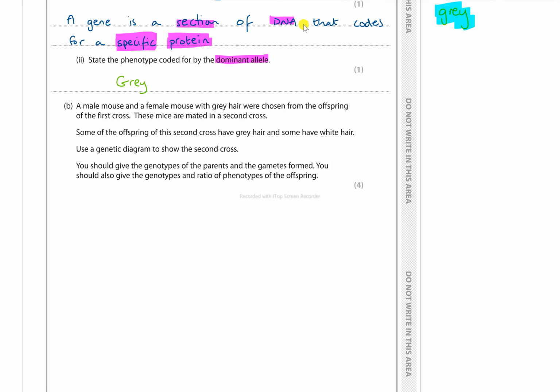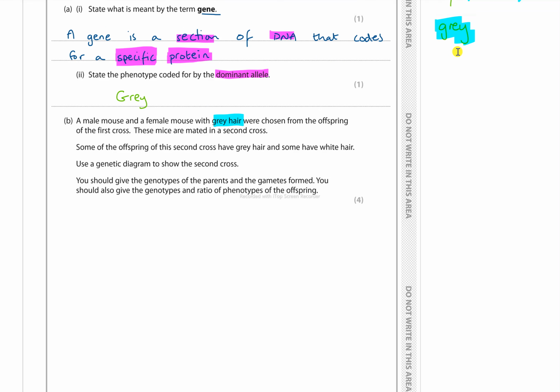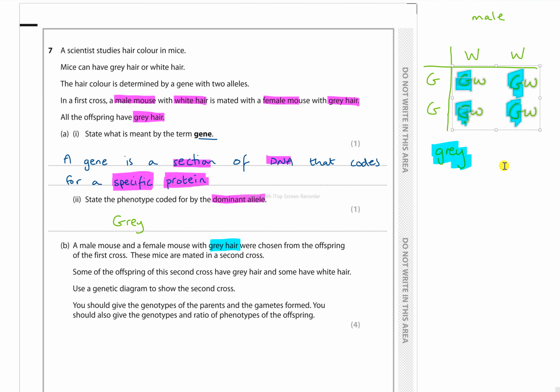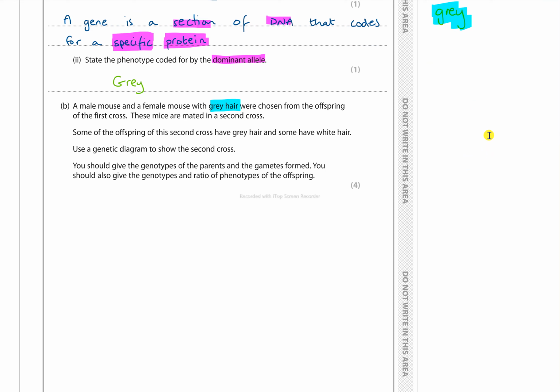A male mouse and a female mouse with grey hair were chosen from the offspring. So remember, all the offspring here have got grey, white, grey, white. So what we do is we do a Punnett square. So the male has got a grey, white.